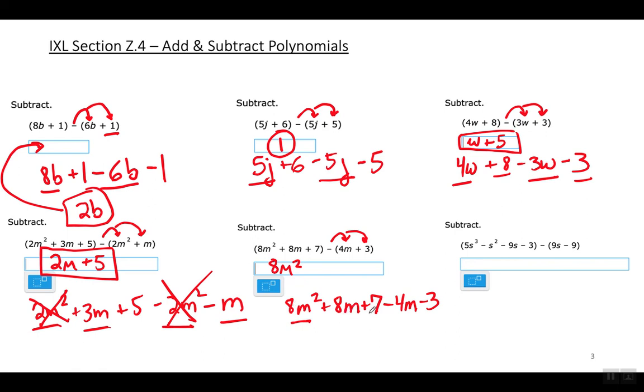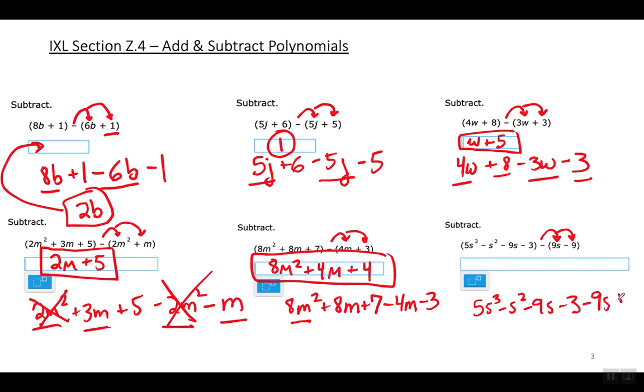All right, 8m minus 4m is going to give me positive 4m, and 7 minus 3 is going to give me positive 4, and that would be my answer. Okay, over here, distribute the minus sign. So I'm going to have 5s to the third power minus s to the second power minus 9s minus 3 minus 9s plus 9. This negative and this negative, a negative and a negative become a positive, so that changes it to plus 9, okay?